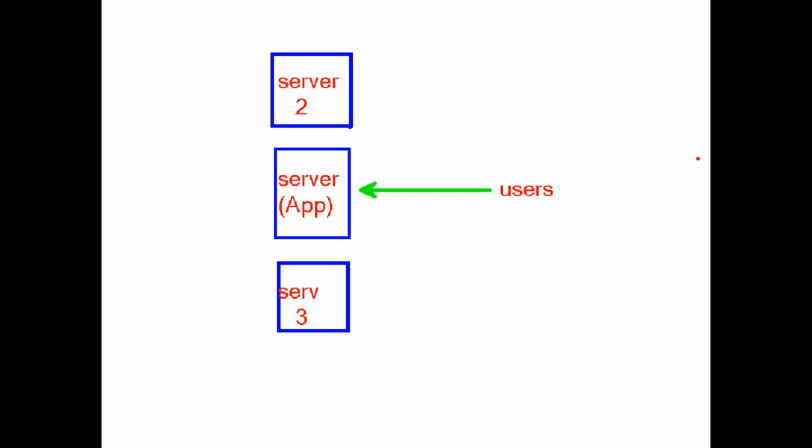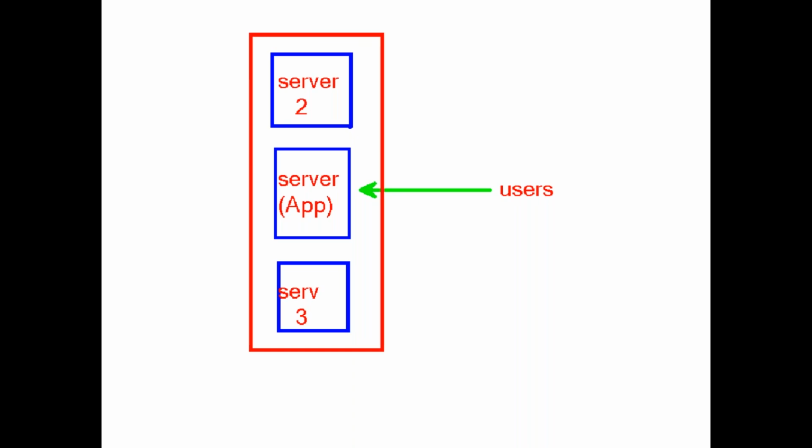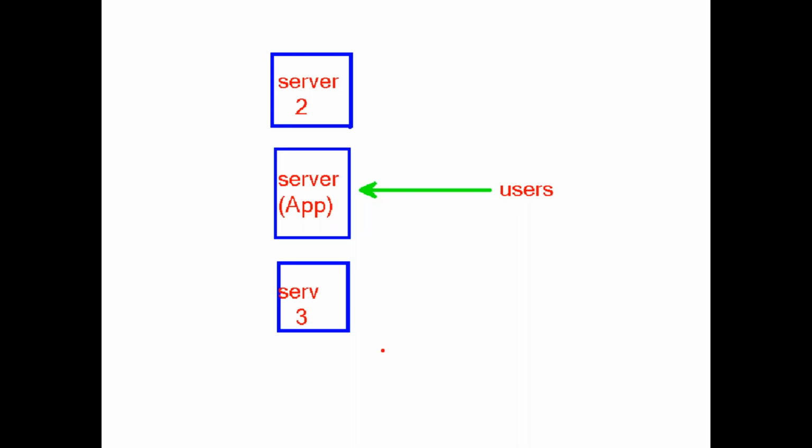Server 1, 2, or 3? Does the user know these server IPs? No, right? The end user always knows the domain name, and through the domain name he will access it.